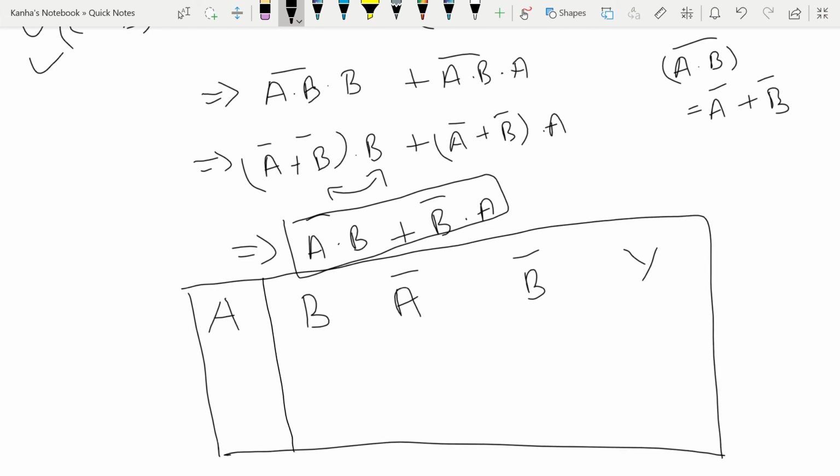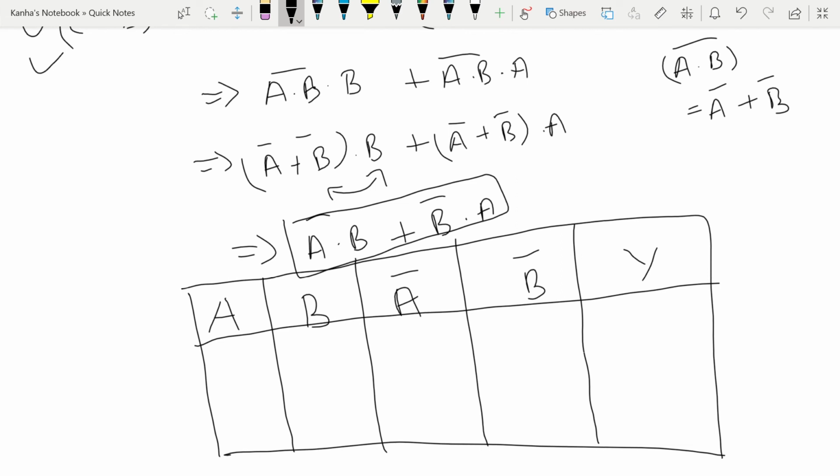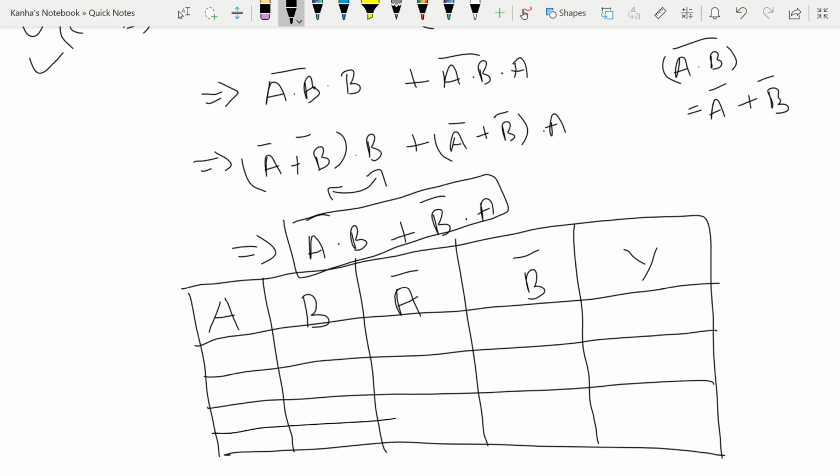To make the truth table, you have to take all the possible combinations of A and B. There are 4 possible combinations: 0 0, 0 1, 1 0, 1 1. For 0 0, A bar becomes 1, B bar becomes 1, and the two products are 0, 0. For the second one, A bar becomes 1, B bar becomes 0, the products are 1 and 0.